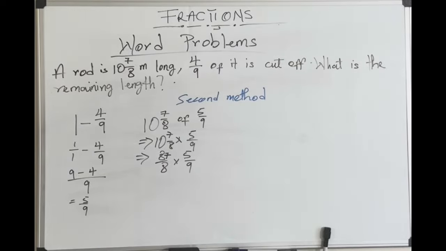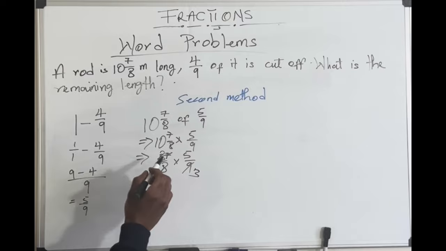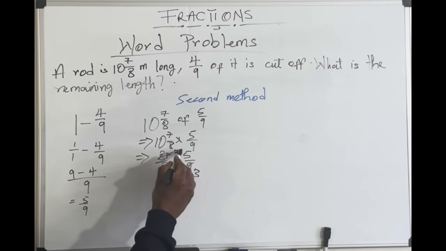Okay, let's see if we can do some cancellations. 3 will go into 9 3 times, and then go into 87 29 times.